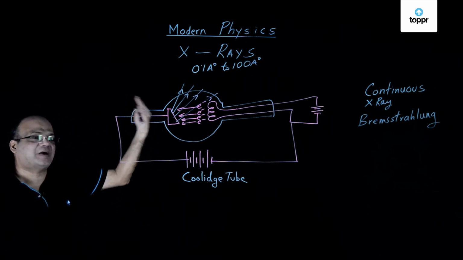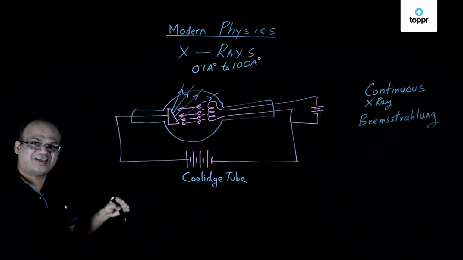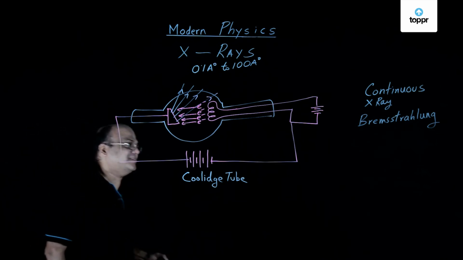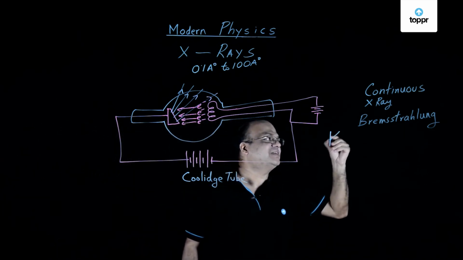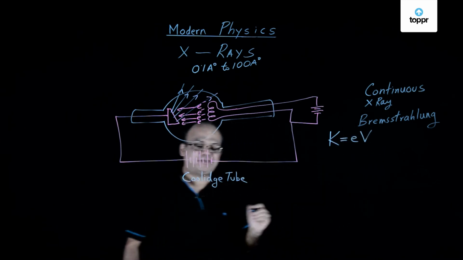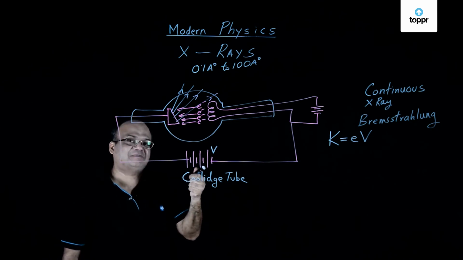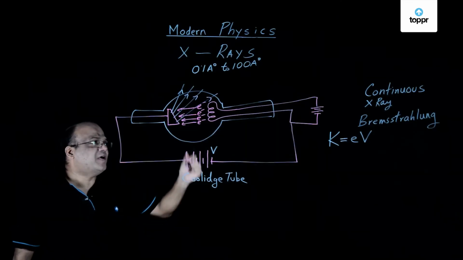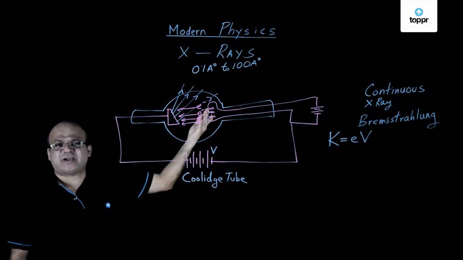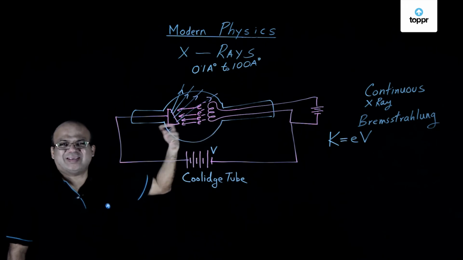Electrons are coming from the cathode, they reach the target, they gain kinetic energy. That kinetic energy is given by charge into potential difference. This potential V is the accelerating voltage provided by this big battery. When this electron hits the target, the entire energy may be converted to an X-ray photon or anything lesser than that.